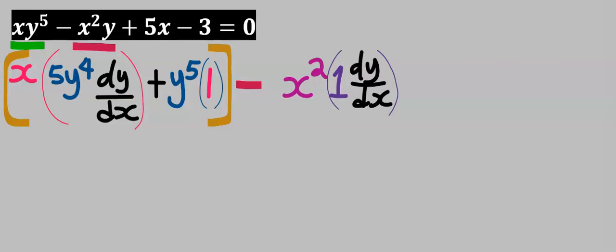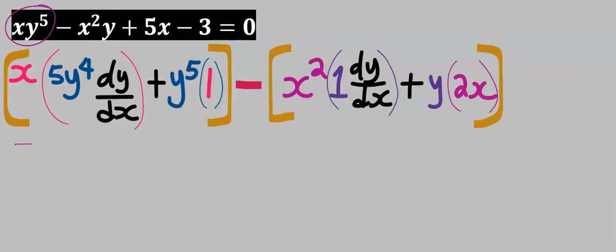Next, according to product rule, we're going to put a plus. Next, we're going to keep y constant, this y, and we're going to differentiate x squared. When you differentiate x squared, you're going to get 2x. You can see that this gave us this, while this gave us this.